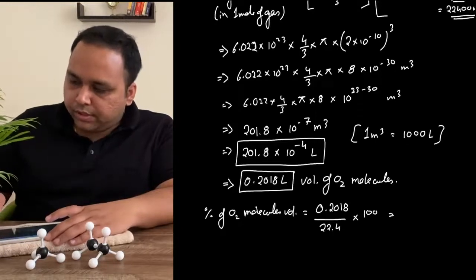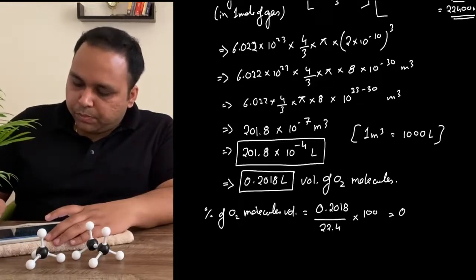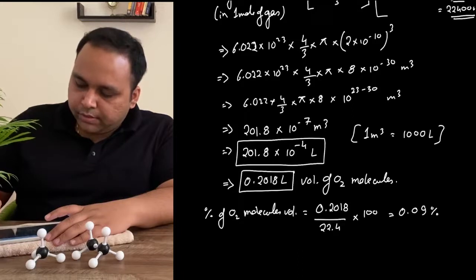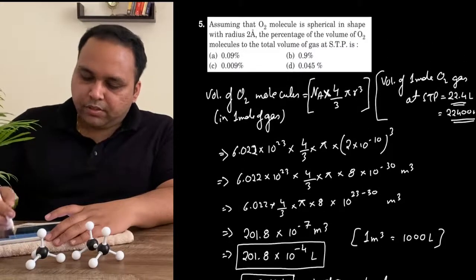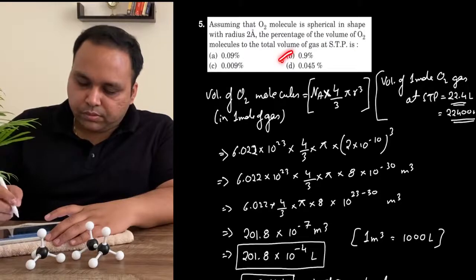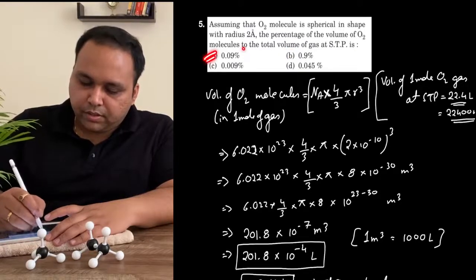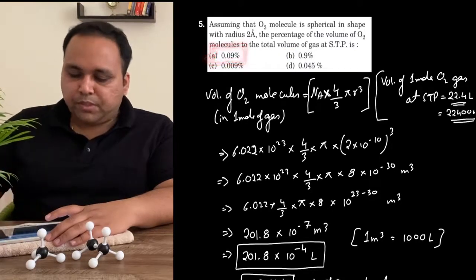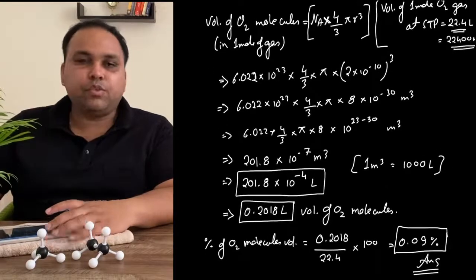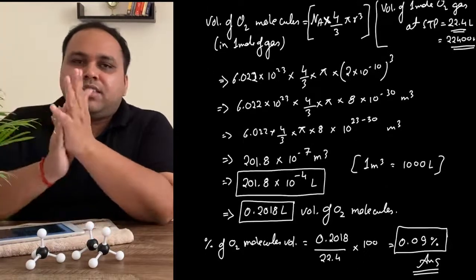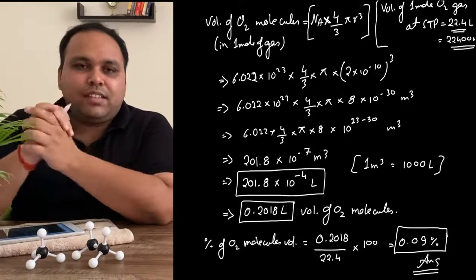If you solve this, you get your answer as 0.09%, and that is your answer. So your answer will be option A, 0.09%. So go through the question once again. If you are confused about any step, this should not be too tough to understand.